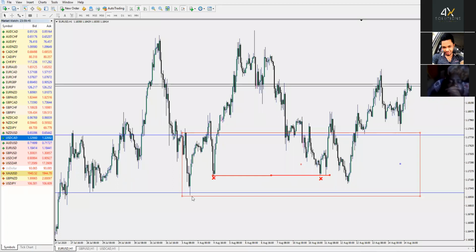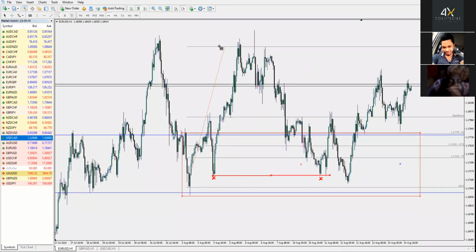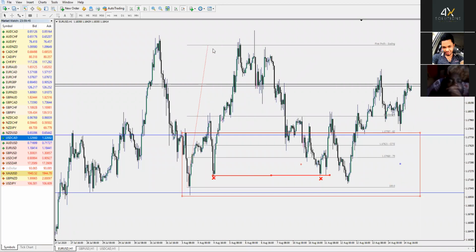So we have a 4-hour order block, we have a daily order block, we have liquidity sitting over here, and also if we pull our fibs from this level to that level, you will see that although price exceeds the 79%, it is still trading in this range.